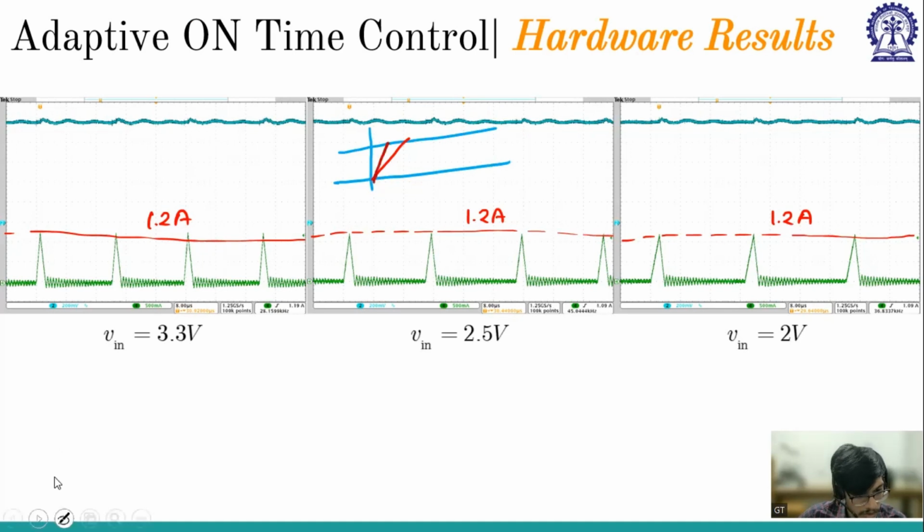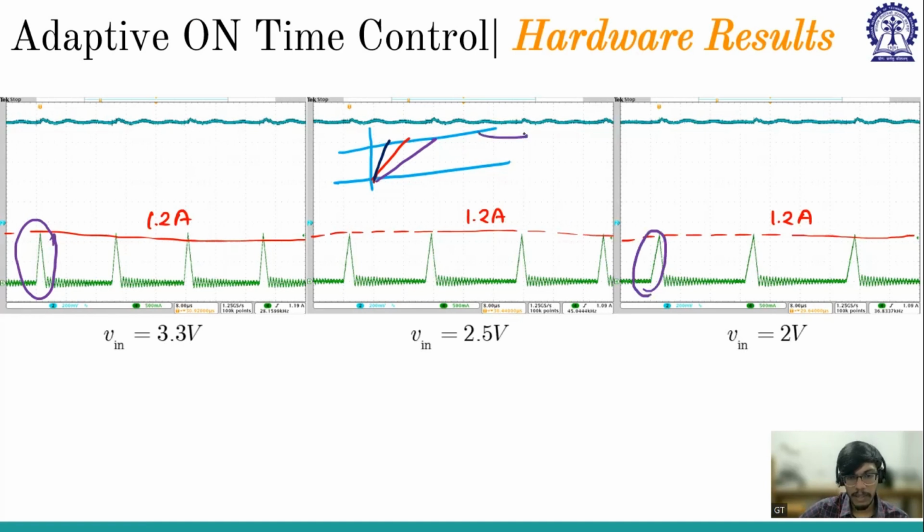I think I should have used a different color. So let me use dark blue. So when Vin is increased, it will hit faster because Vin is more. And if Vin is less, then it will hit slowly. So you can see if Vin is high, it will hit faster. If Vin is less, then it will hit somewhat slower. That is what is being observed.